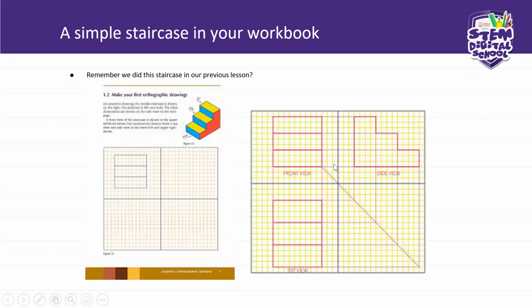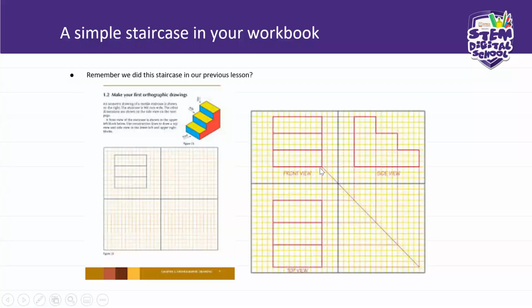The same 1, 2, 3 this side. So that when you are drawing the top view, you only start it here. Even when you are drawing your front view, you only start it after the 3 blocks. Then you start drawing your line even on the side, 1, 2, 3 blocks.